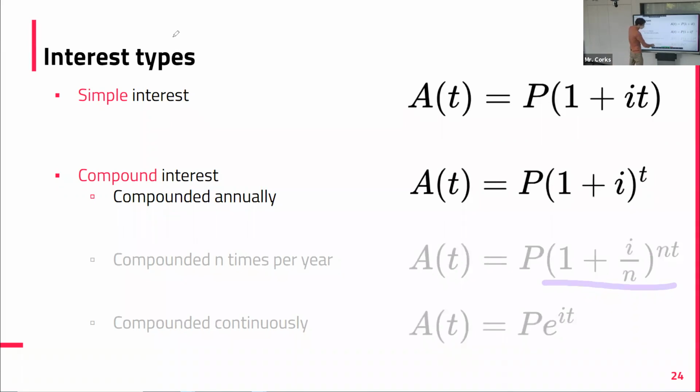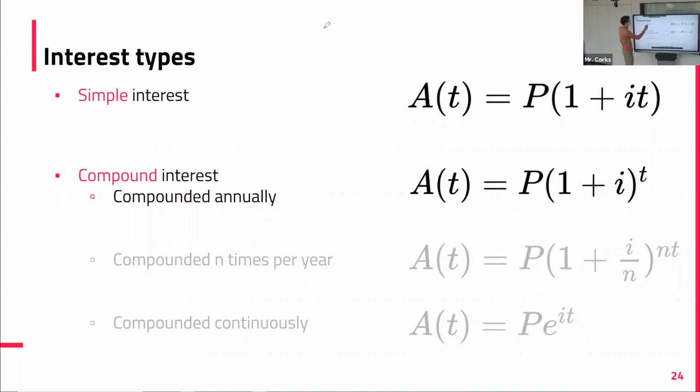Or they can also be compounded continuously, and there's a separate formula for that. And then lots of stuff you can do with that: debt repayment schedules and annuities and lots of stuff. So we're not going to go into all of that. Again, that will be in some finance class later.